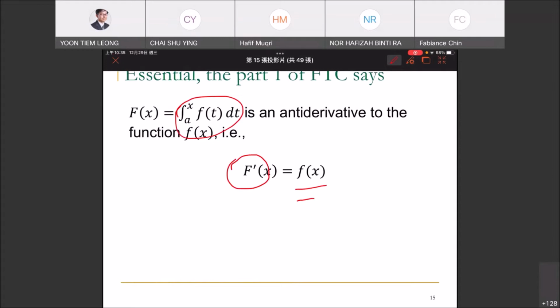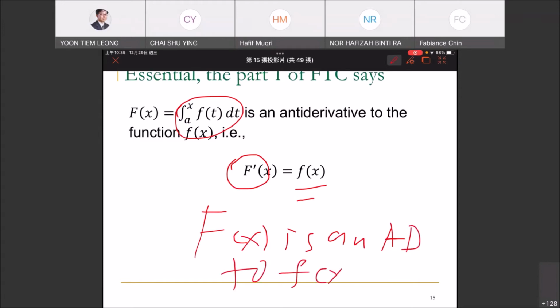That is, the capital function F(x) is an antiderivative of the small function f(x). So the function that we define here is the capital function F. This is essentially the first part of the fundamental theorem of calculus, which we are going to talk about here.